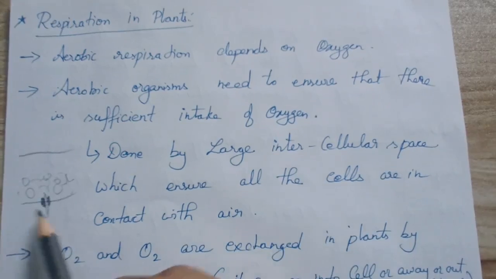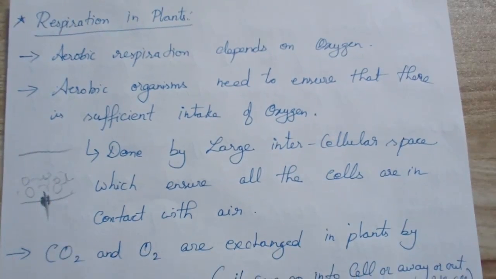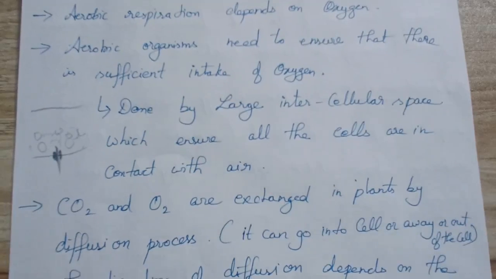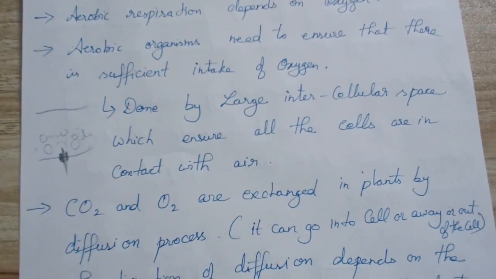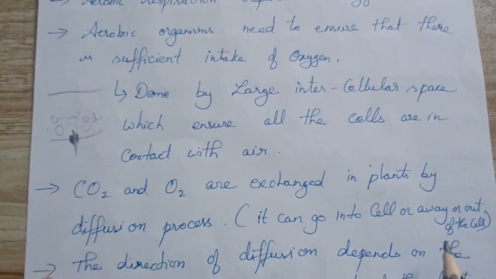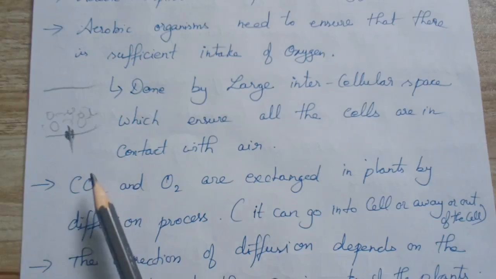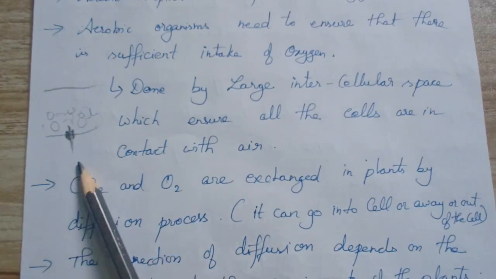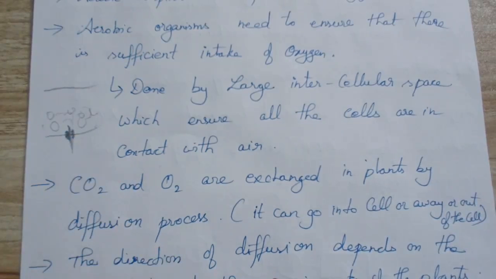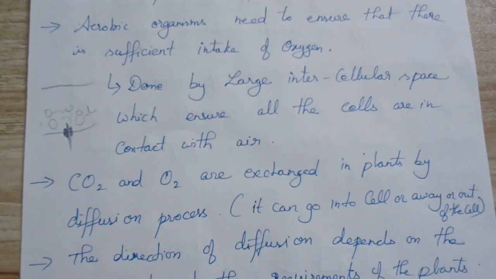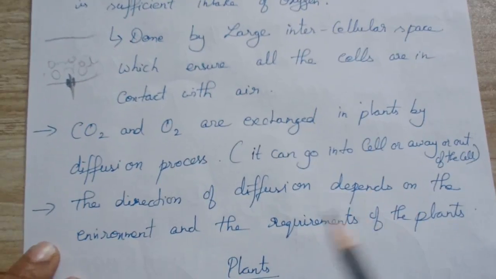So how are CO2 and O2 exchanged in plants? Through the process of diffusion. It can enter the cell and may also go out of the cell. Whether oxygen or carbon dioxide enters or exits depends upon the environmental condition and the requirement of the plants.